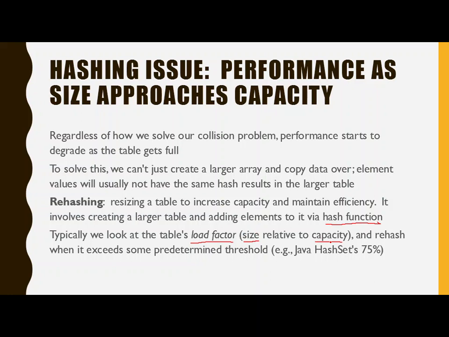And once that starts exceeding whatever threshold that you set, in this case we believe Java uses 75%. They say, hey, at 75% you're certainly going to be getting more collisions, and we want to avoid that, so it's time to rehash. So before you add, check the load factor. If it's getting too full, then rehash, which means make it bigger, rehash all the values into the new array, discard the old array. Does that make sense?